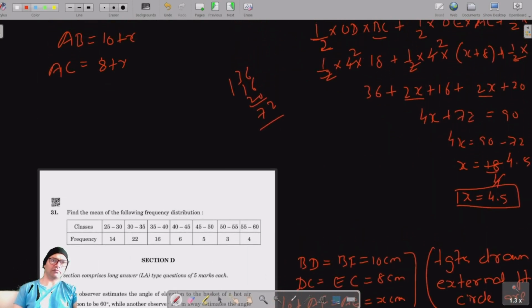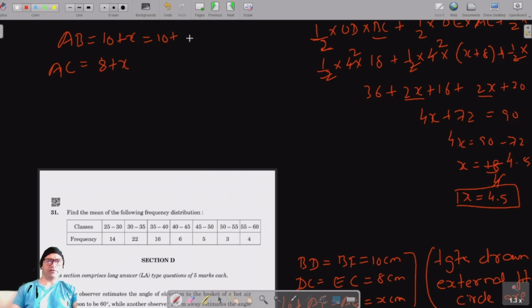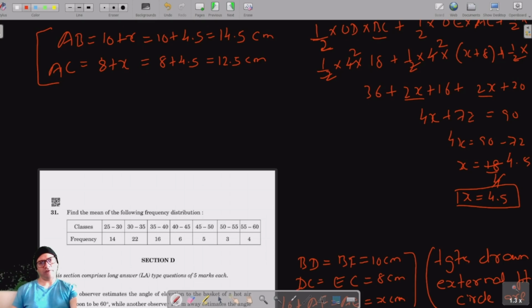So 10 plus x, which is 10 plus 4.5, is equal to 14.5. And this is 8 plus 4.5, which is equal to 12.5. So 14.5 and 12.5 are the respective lengths of AB and AC.